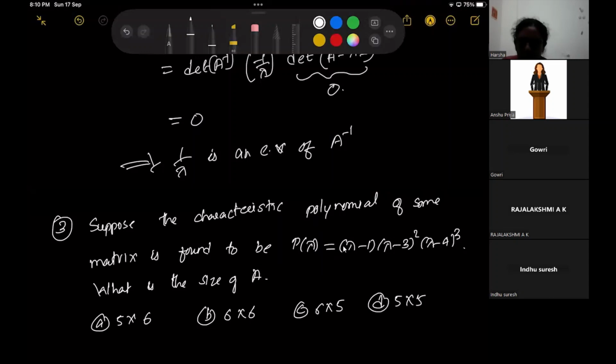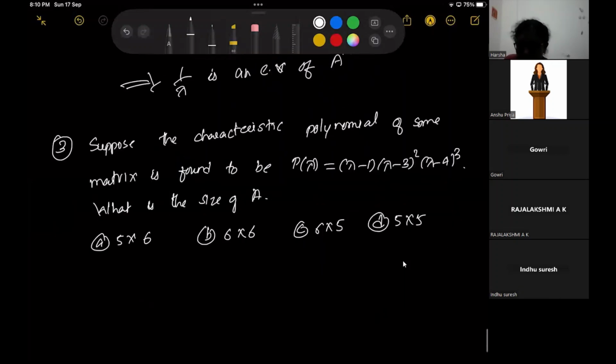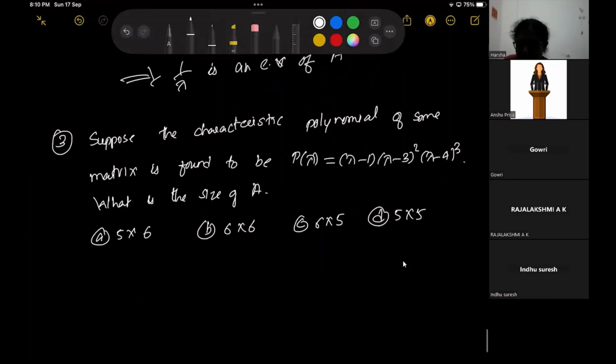So what is the order of the matrix? Is it 5 by 6, or 6 by 5, or 6 by 6, or 5 by 5?